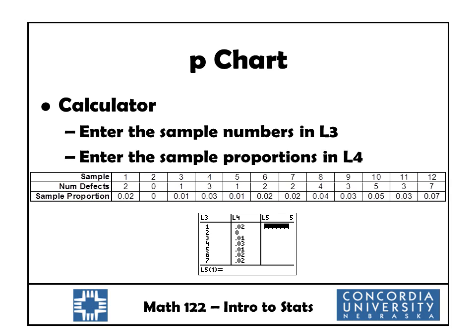And then in L4 we're going to enter the sample proportions. So there we see our data in the table, the samples 1 through 12. In list L3 we simply enter the numbers 1 through 12. In L4 we enter those sample proportions: 0.02, 0, 0.01. And there you see a window of what your calculator screen should look like after you've entered all the data.